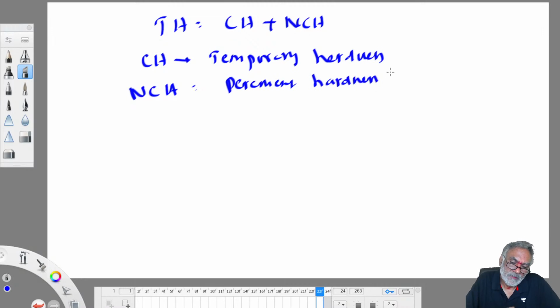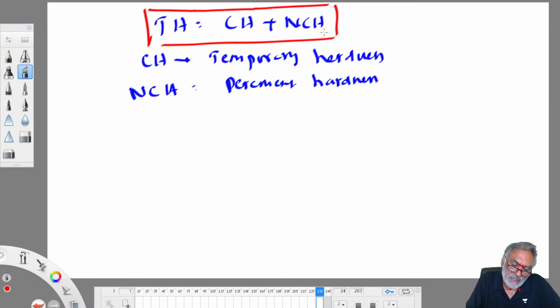Okay? So total hardness is equal to the sum of temporary hardness and permanent hardness. Technically it is known as carbonaceous hardness and non-carbonaceous hardness.